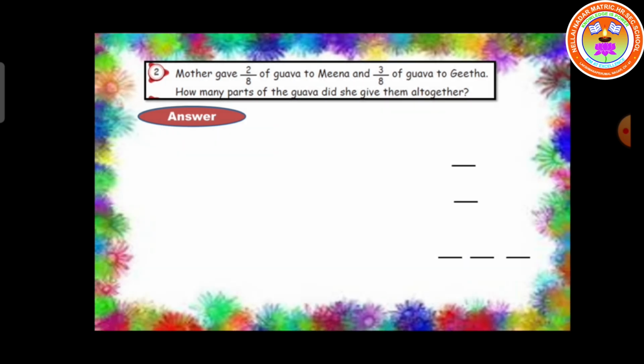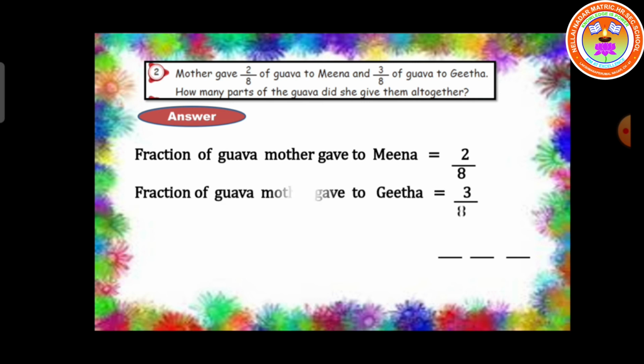Next, word problem. Mother gave 2 by 8 of guava to Meena and 3 by 8 of guava to Geeta. How many parts of the guava did she give them all together? How to write down the statements? Fraction of guava mother gave to Meena is equal to 2 by 8.